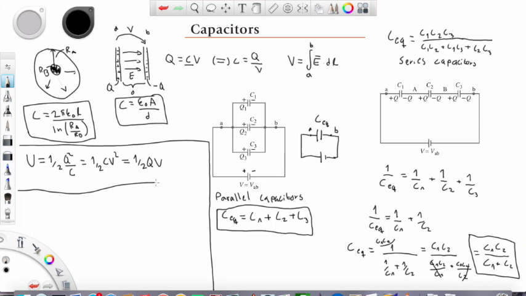I already mentioned that the medium between the two plates doesn't necessarily have to be air or vacuum. It can be a dielectric, and that is in fact the most common construction of a capacitor.